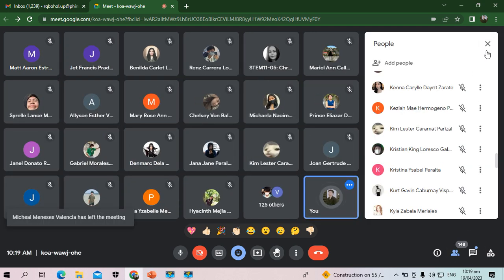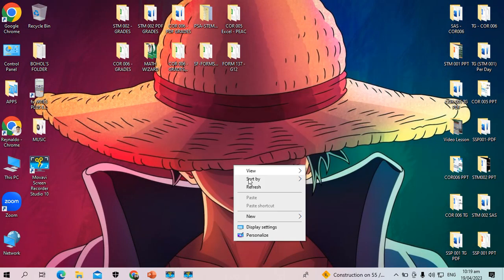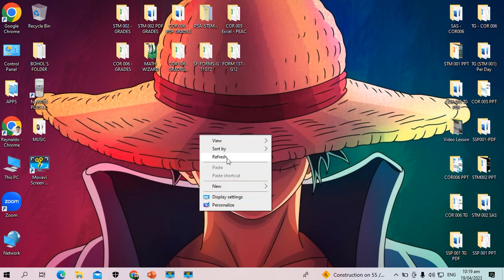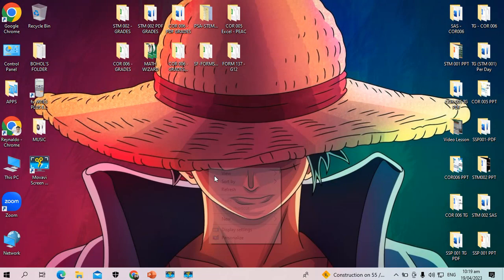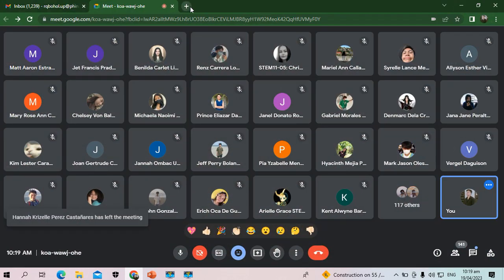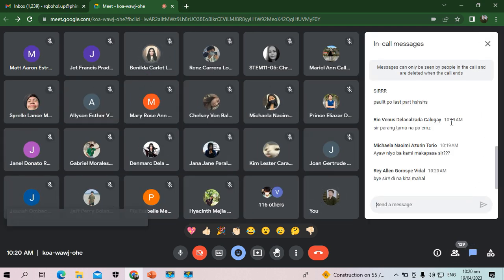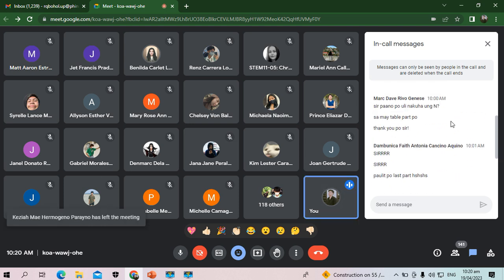Susunod ko yung STM. Mabilis lang yan. Saan na ba yan? Wait na po. Naka-share screen pa ba ako? Hindi na. Sir, paulit po yung last part. Sabi niyo walang tanong.